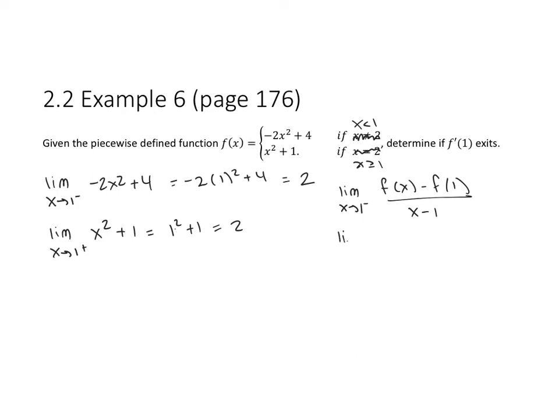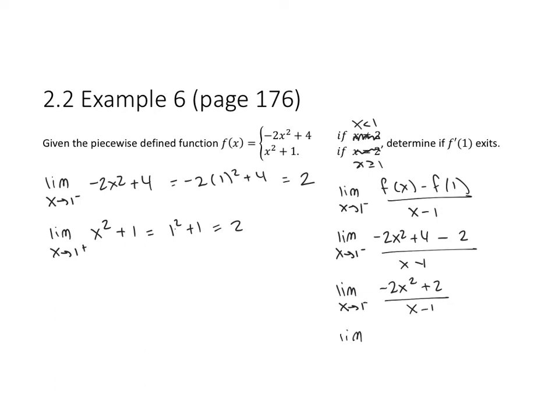All right, so the limit as x goes to 1 from the left of negative 2x squared plus 4, and then I've already found f of 1, which is 2, over x minus 1. The limit as x goes to 1 from the left, negative 2x squared plus 2 over x minus 1. And then let's factor out a negative 2.